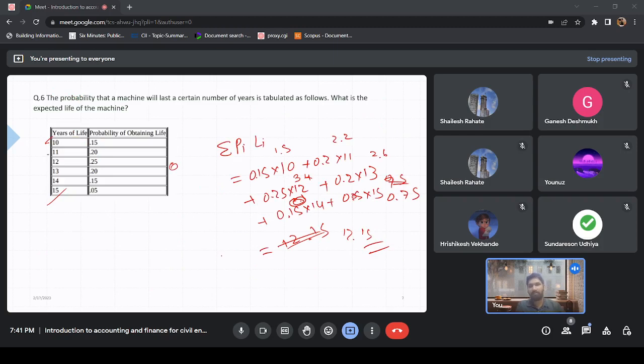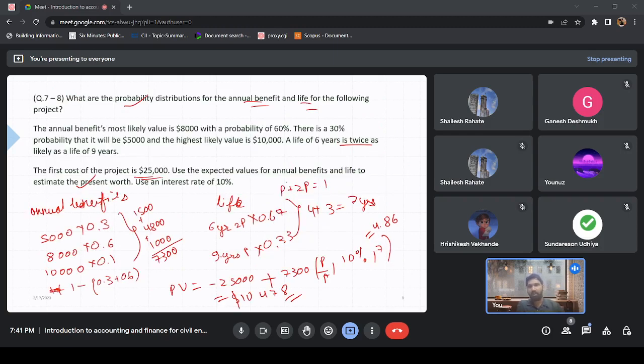Then some simple probability questions. Moving on to another question where we had probabilities about two things: the annual benefits and the useful life. We determined the probability distribution from the given values and calculated the expected values.